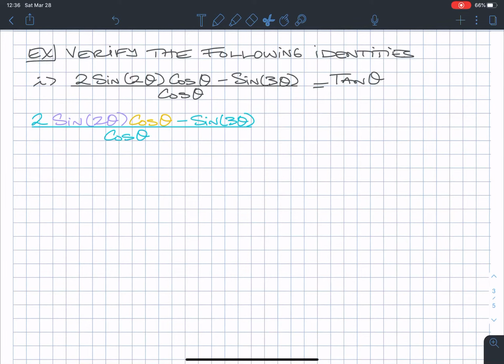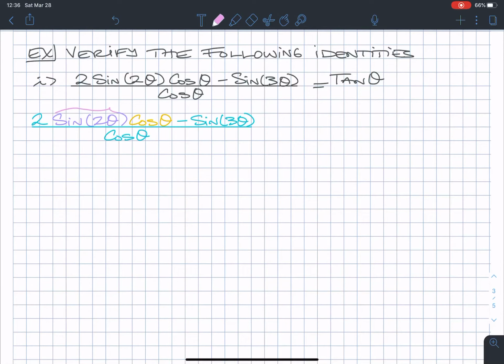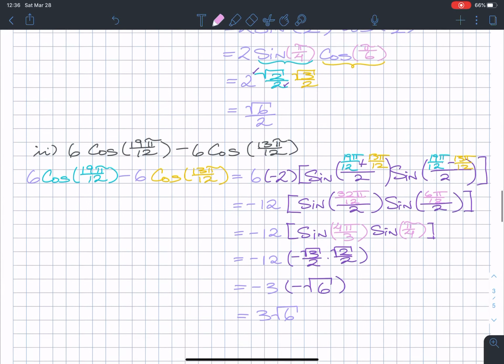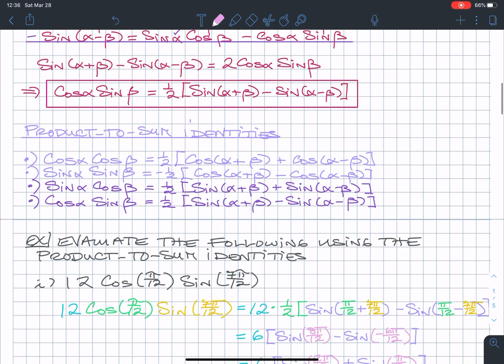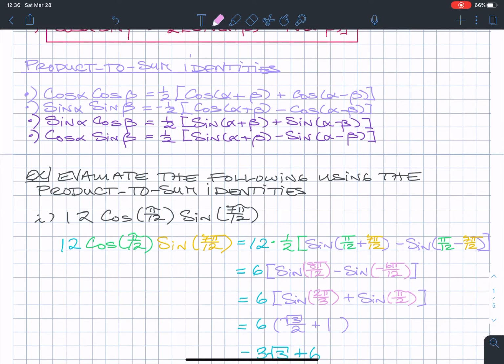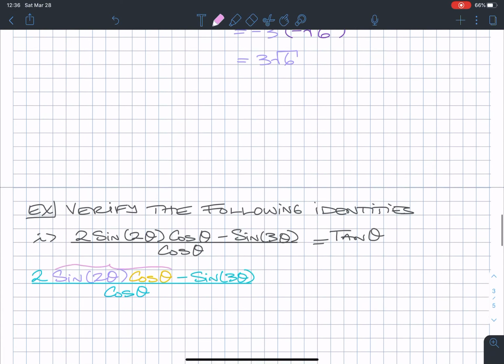Okay, so I claim that this is of the form sine alpha cosine beta, so I'm going to change this product to a sum. Sine alpha cosine beta is this third identity here, so it's 1/2 the sum of the sines.